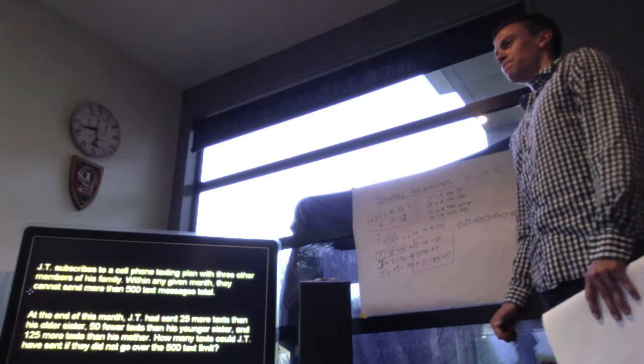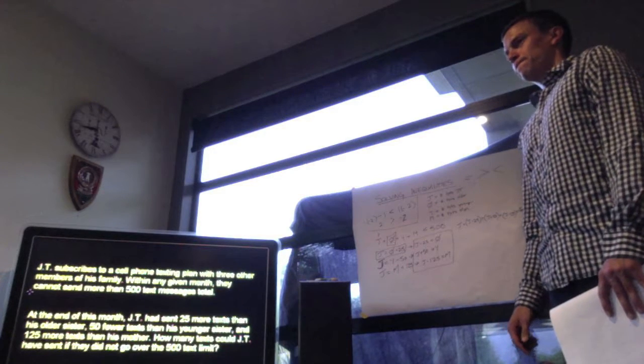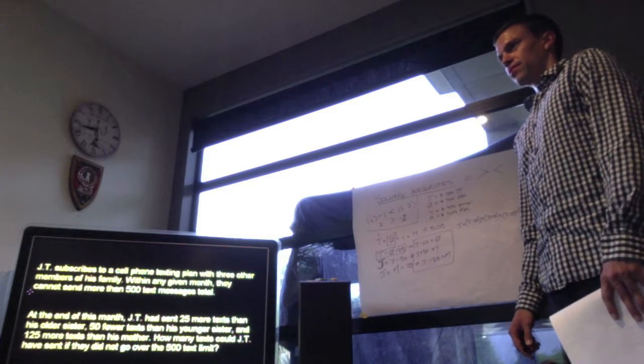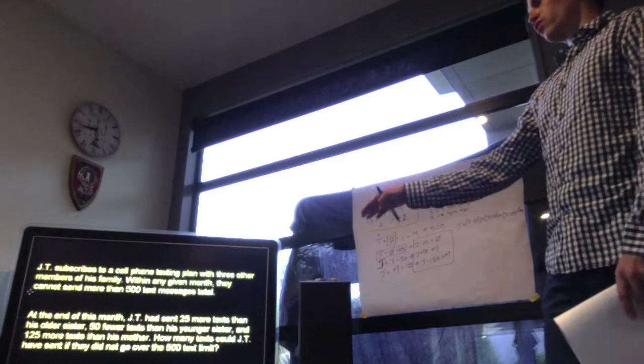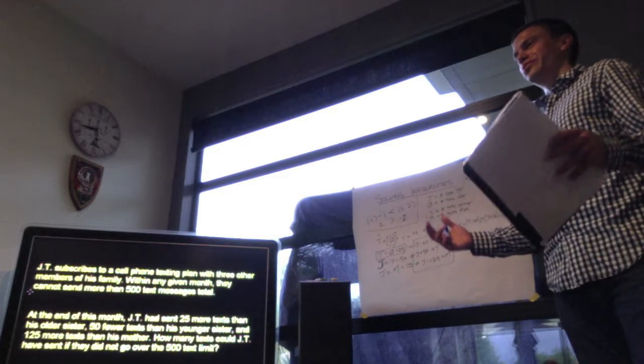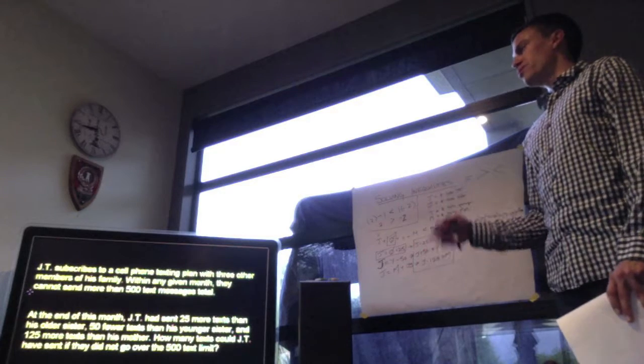Yeah. In this, if it says cannot send more than 500 text messages total, does it mean it's either lower or equal to 500, or is it just lower? So it says can't go over the 500. That's a really good question, and we might have missed that in the interpretation. But when you're setting these up, you really want to be careful because of that.